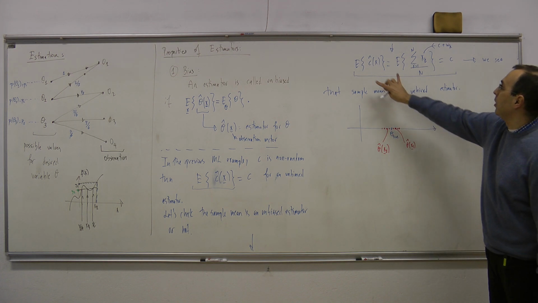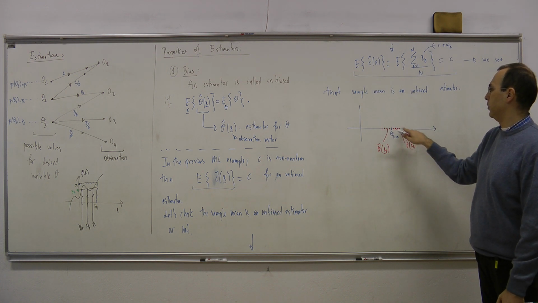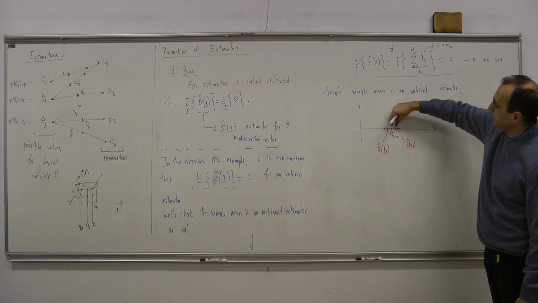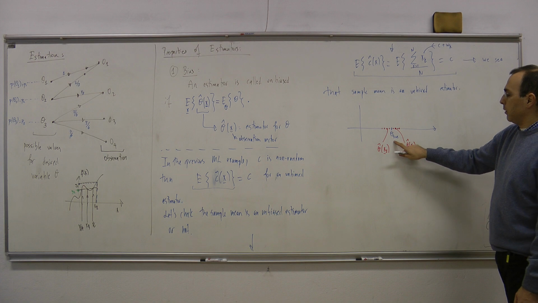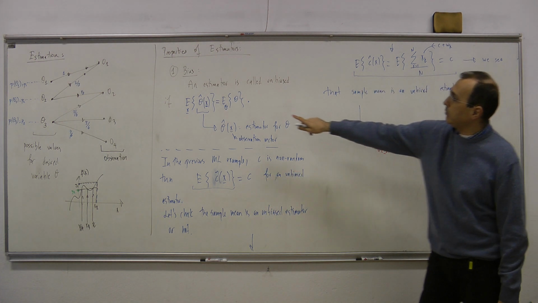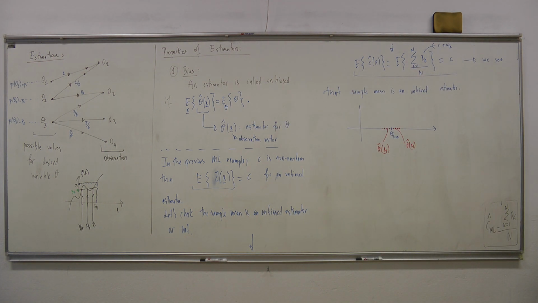So this is the case when the expected value of the estimator results, the red dots, after this averaging operation matches the true value. This is for the maximum likelihood case. If theta is a random variable, then it should match the mean value of that random variable.